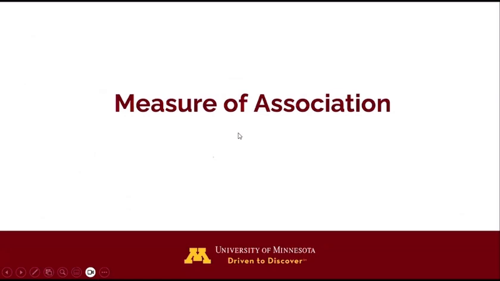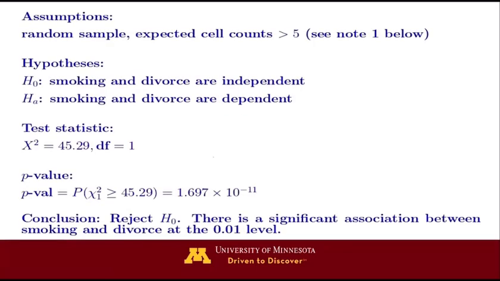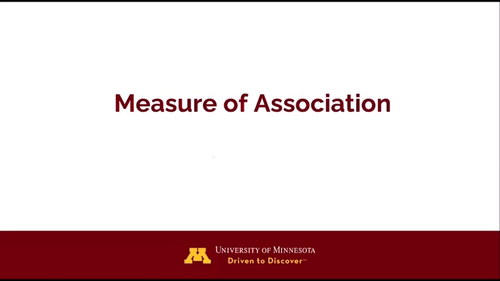the next subtopic for today is what we call measures of association. In the last example that we did, we are only told that significant association exists, but we don't know the strength of the association. And the only way to know the strength of the association is to have a measure of association.